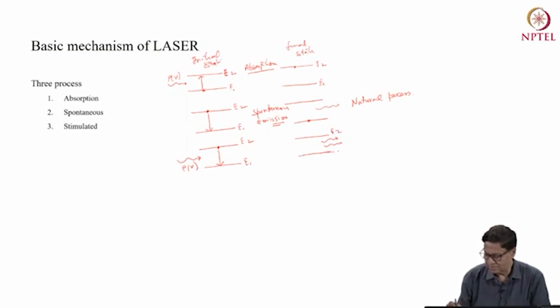So this is E2, this is E1. This process where you're forcing the electron to come down as a result of this input flux density is called as stimulated emission. This is a forced process.